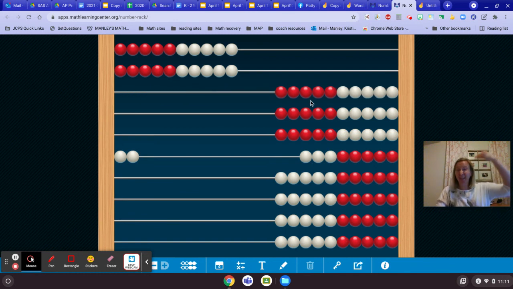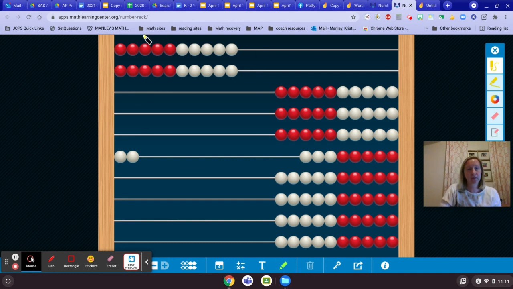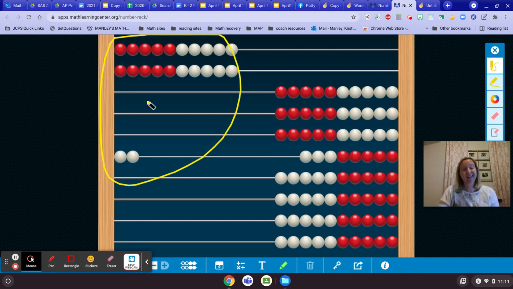We can do jumps like that, and we would still see our answer over here to the side of 22. How you solve it, again, is up to you. But this time I want you to visualize in your head the rack, and visualize taking away groups of 10. That is your assignment, and you have access to this bead rack to help you.